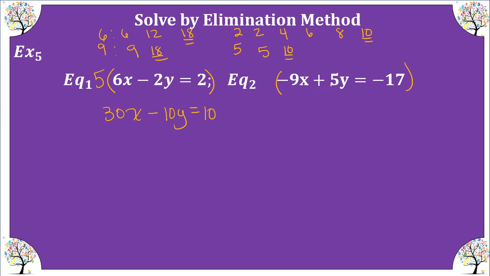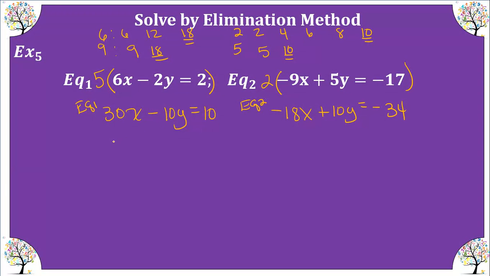Now I need this positive 5y to be 10y, so I have to multiply through by 2. And we get negative 18x plus 10y equals negative 34. So this is my new equation 1 and my new equation 2.